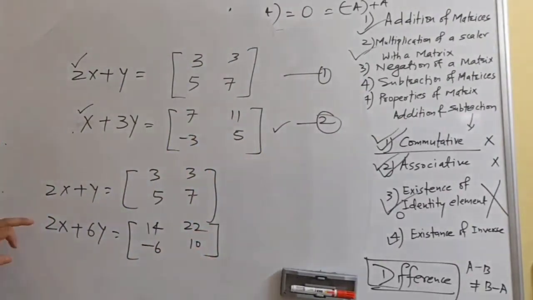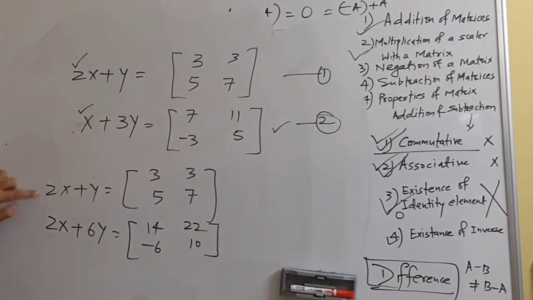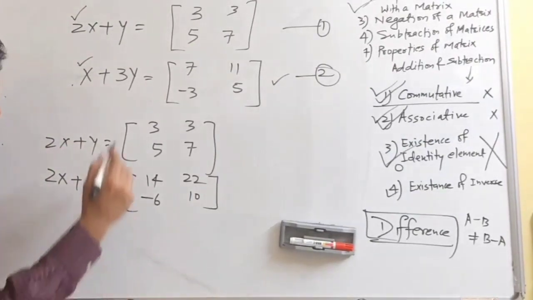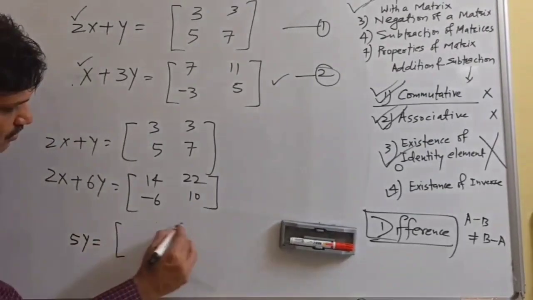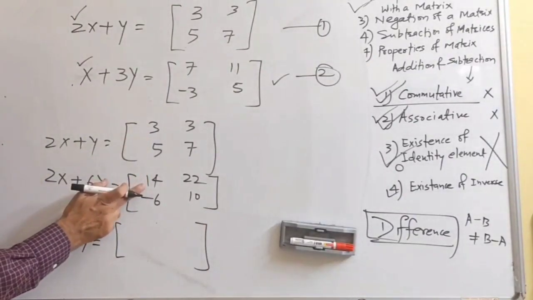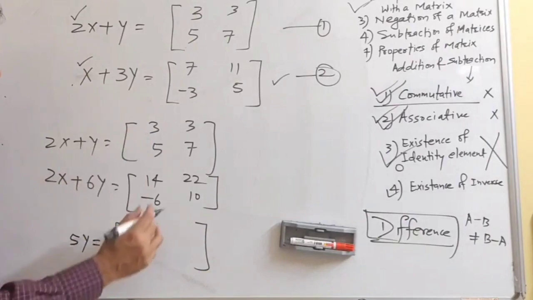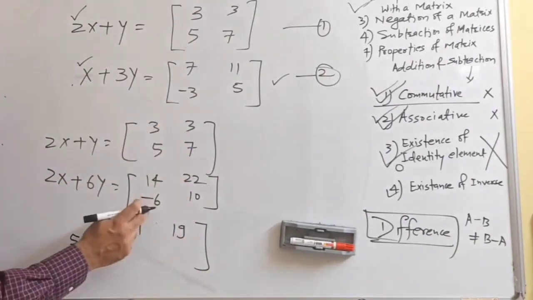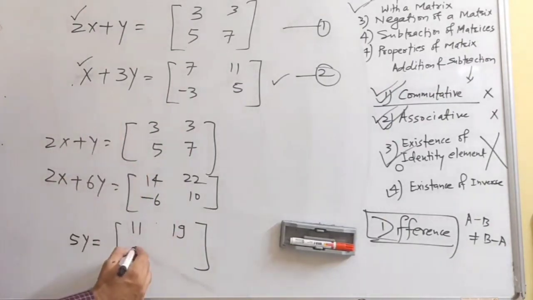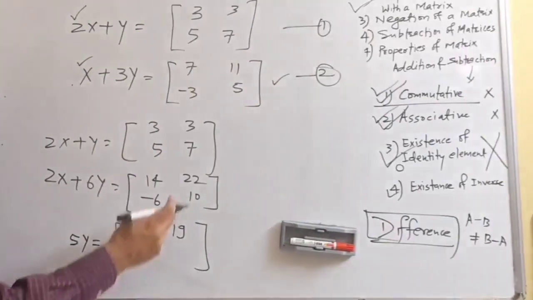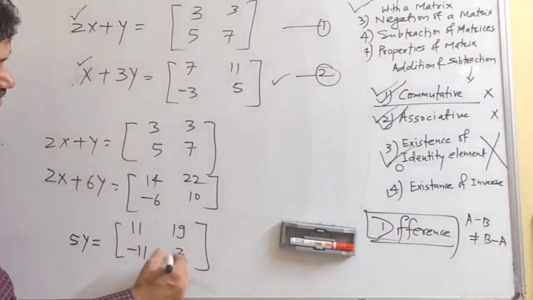Now simple subtraction. I subtract this equation from this. So 2X minus 2X is 0 matrix. 6Y minus Y, that is 5Y, is equal to this minus this. So subtracting corresponding elements, 14 minus 3 is 11, 22 minus 3 is 19, minus 6 minus 5 is minus 11, 10 minus 7 is 3.